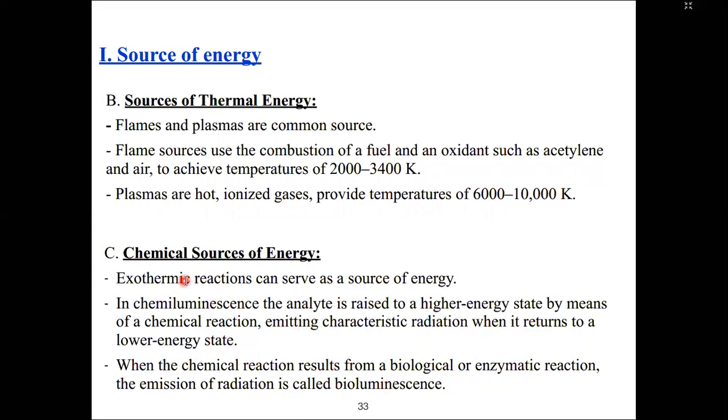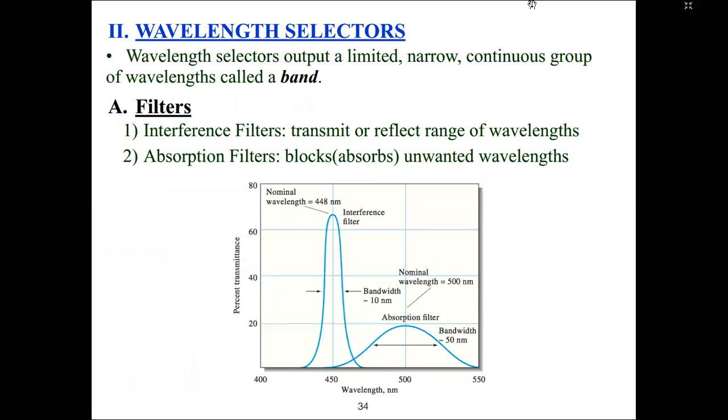So these are the sources of energy. One of them is the electromagnetic source for electromagnetic radiation. The others are thermal energy and the chemical source. Now, the wavelength selector. The wavelength selector outputs a limited, narrow, continuous group of wavelength called a band.